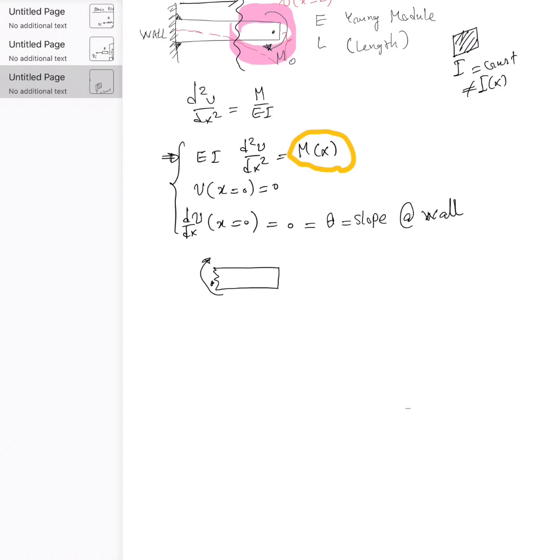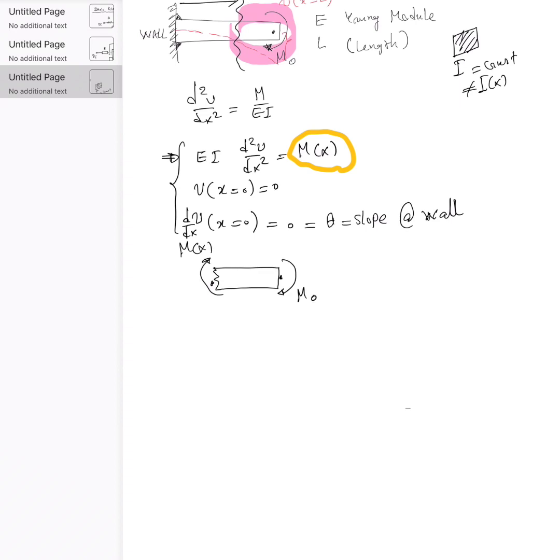That's my M. At x, there are V(x), N(x), the internal shear load and the internal normal load or axial load, but because I don't have shear or axial, I just forget it, right? So you only have M(x) right here, and then there is a M0.